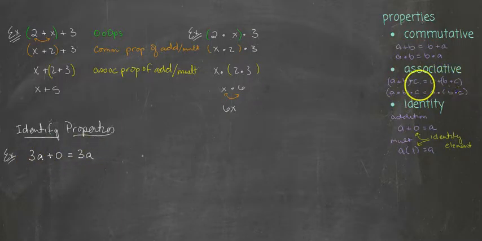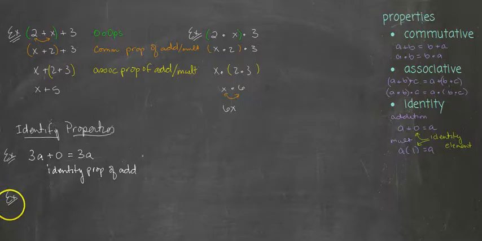And I clearly haven't used the associative property because I haven't grouped anything together. But I have added 0 so that I end up with exactly the same thing on the other side. This is the identity property, and it's of addition because the identity element is 0.